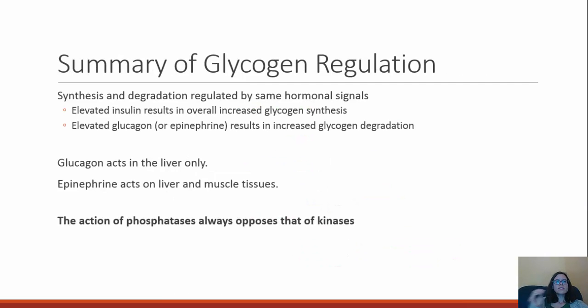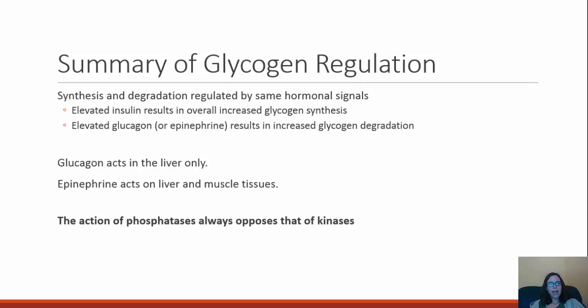Synthesis and degradation of glycogen is regulated by the same hormonal signals. Elevated insulin results in an overall increase in glycogen synthesis, and elevated glucagon or epinephrine in the muscle results in increased glycogen degradation. And this really makes sense. Glucagon acts on the liver only, whereas epinephrine acts on the liver and muscles.